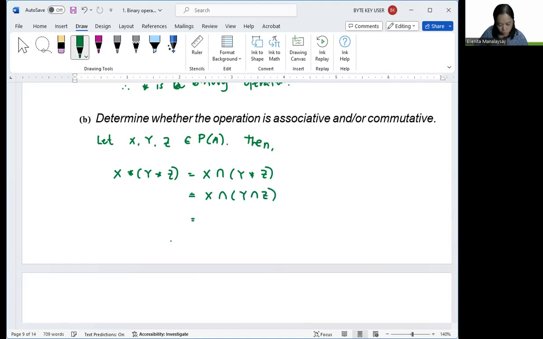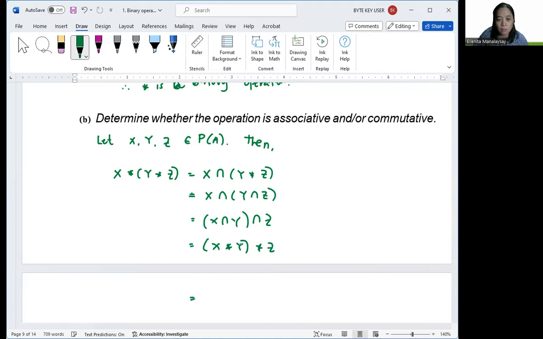The intersection of sets is associative, so we can say that this is equal to x intersection y intersection z, and this is equal to x intersection y, which is x star y, then intersection z.